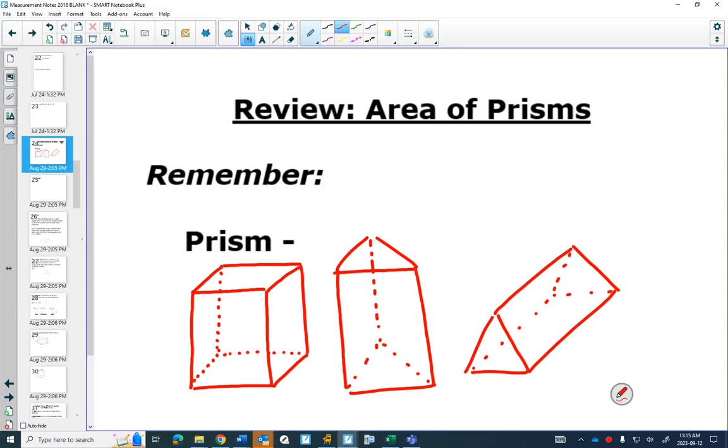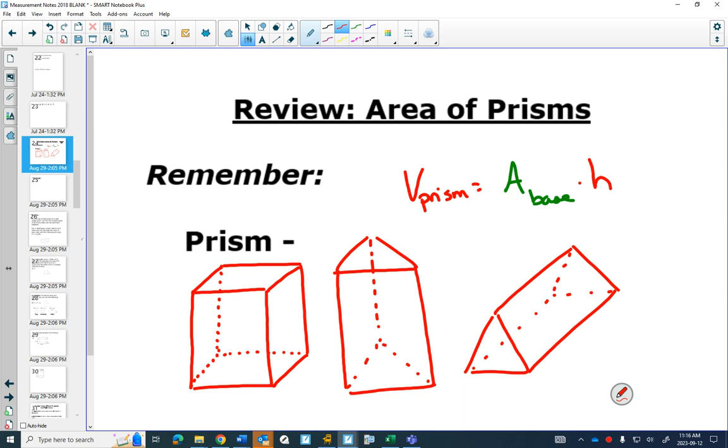If you look at your formula sheet, the volume of the prism looks like this, and I'll write it out exactly. I like color coding stuff.